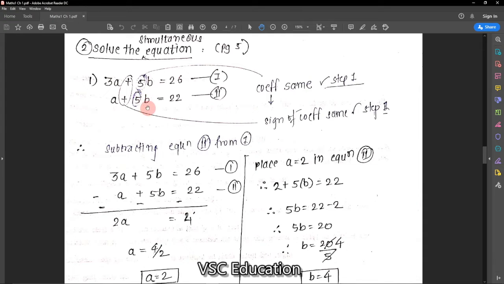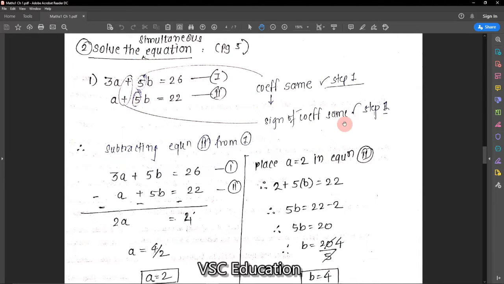Same thing in the second equation, the coefficient of b is 5, so the same coefficients are there in both equations. So there is no need to make the coefficients the same, that is, step 1 is already done.